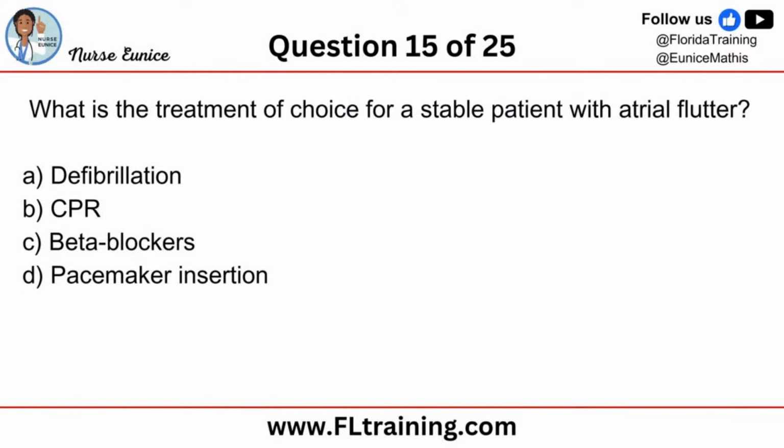So it had the sawtooth patterns, but nothing was dropping. The heart rate was usually greater than 60. It didn't appear to be a lethal arrhythmia. So, what would be the intervention for someone who had atrial flutter?